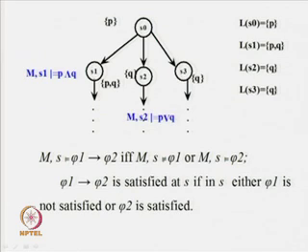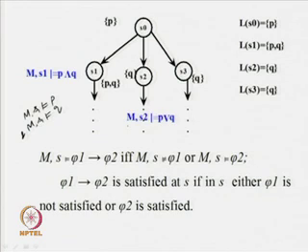If we concern ourselves with state S 1, we will find that M, S 1 models P and Q, because S 1 is labeled with P and Q. So, basically you can say that M, S 1 models P and M, S 1 models Q. Since both P and Q hold in state S 1, we can say that P and Q holds in this particular state S 1. If you come to state S 2, you will find that it is labeled with Q, that means the atomic proposition Q is true over here.